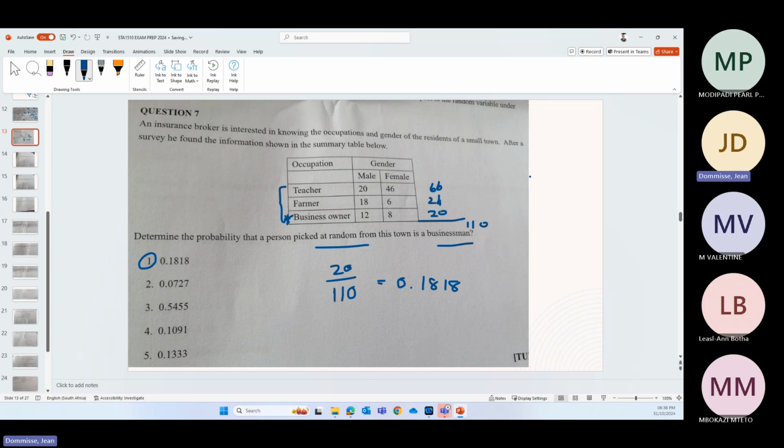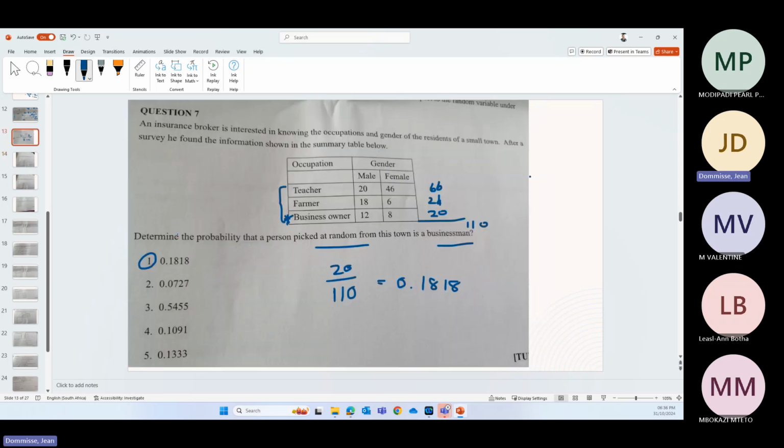If I ask male business owner, given that there's a business owner, what's the probability of being male, then it is 12 divided by 20. Okay, so this one was actually probability, not chi-square. I just saw the table and thought they want chi-square.